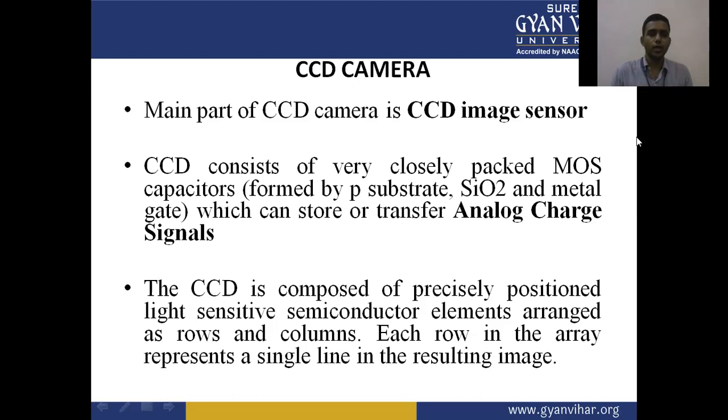CCD consists of very closely packed MOS capacitors formed by the P substrate, SiO2 and the metal gate, which can store or transfer the analog charge signals. The CCD is composed of precisely positioned light sensitive semiconductor elements arranged as rows and columns. Each row in the array represents a single line in the resulting image.